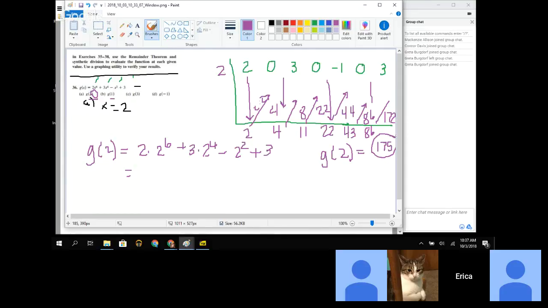Let me pull up my calculator. So this is basically 2 to the 7th power. This is 128, plus 3 times 2 to the 4th, plus 48, minus 4 plus 3.